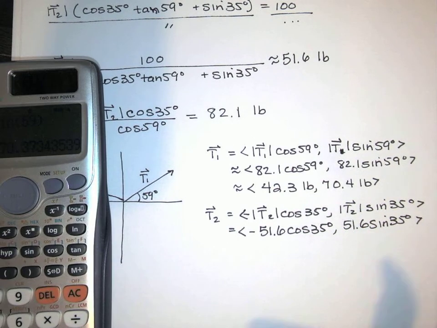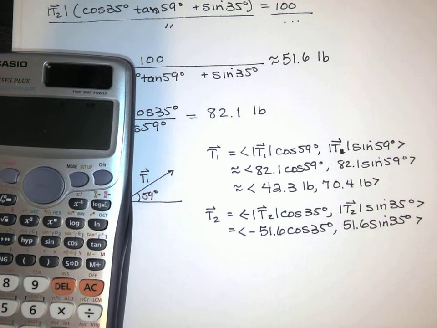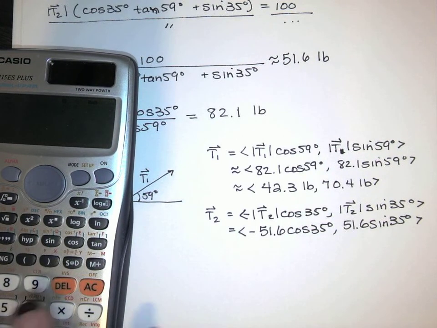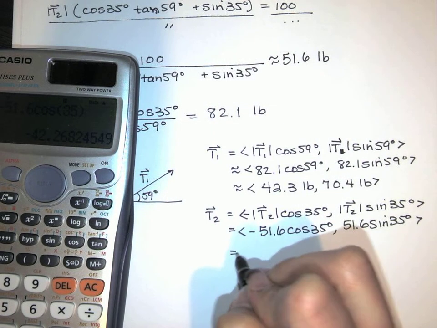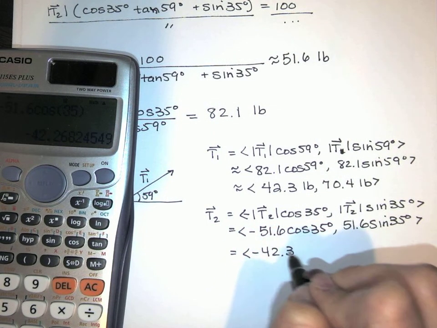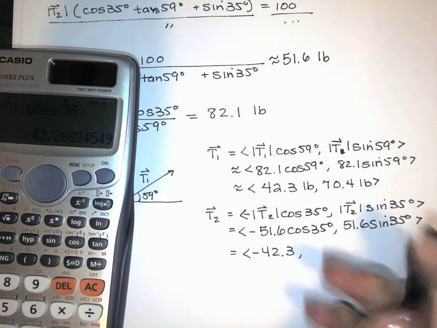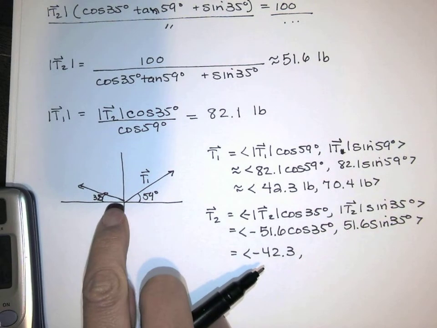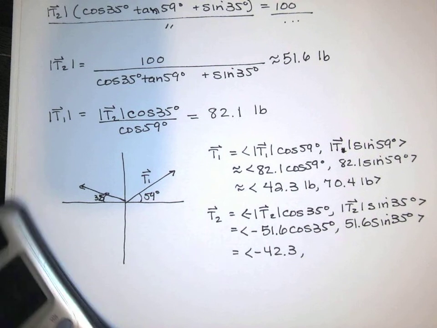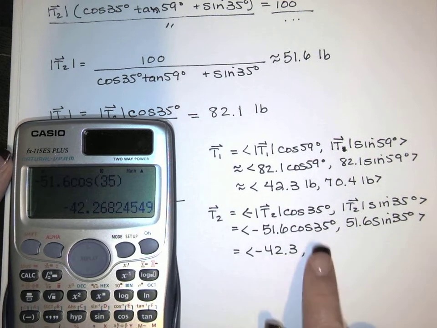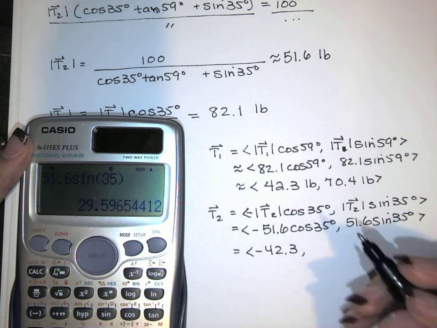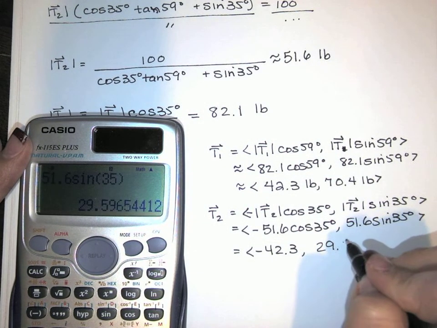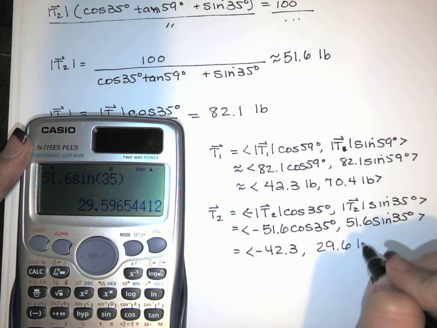I've got negative 51.6 times cosine of 35. It's negative 42.3 approximately. It's pounds, but pounds are units of force and it's pulling us that way. That's why it's negative. And then the 51.6 over here times sine of 35 is 29.6 approximately, also pounds.